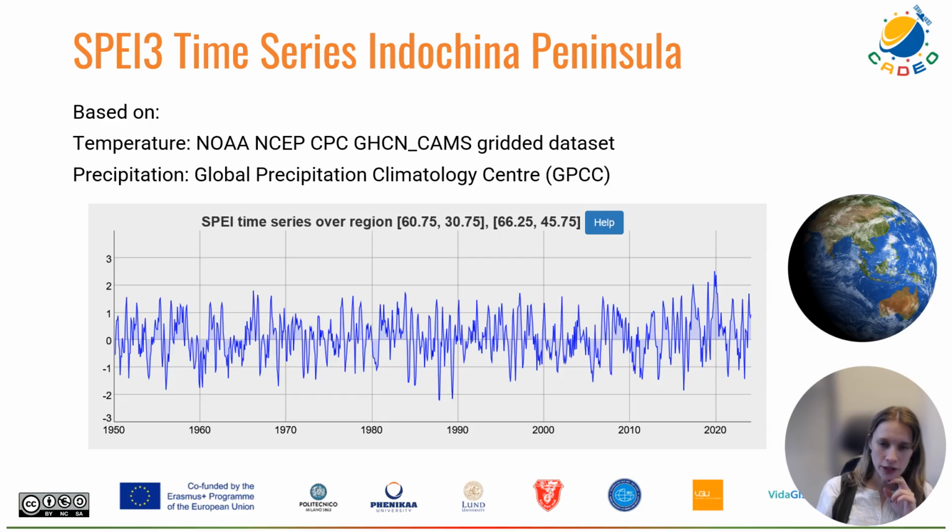So this is the region that I'm looking at. This is also from the link that I mentioned in the past slide that we cannot see because my image cannot be moved, but it shows the time series from 1950 to 2020, and you can see that most values are within 1 standard deviation from normal, but some values are above 1 and some are below -1.